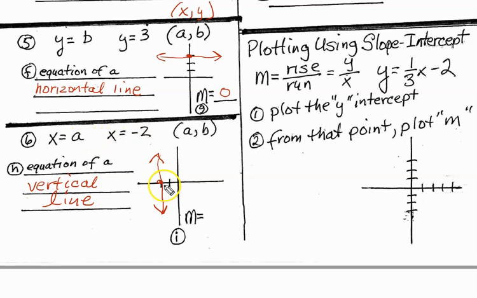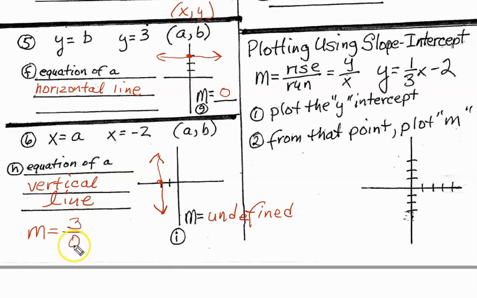Now, as a little extra, what is the slope of all vertical lines? And the answer is, it's undefined. And the reason for that is if you use the slope formula above, you end up with something like 3 over 0.